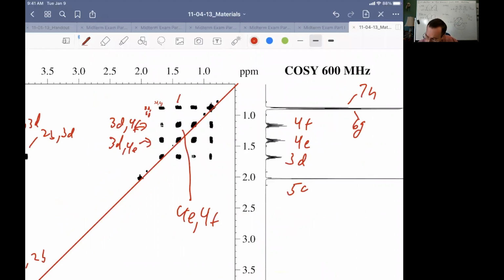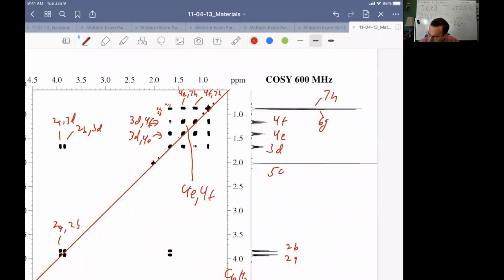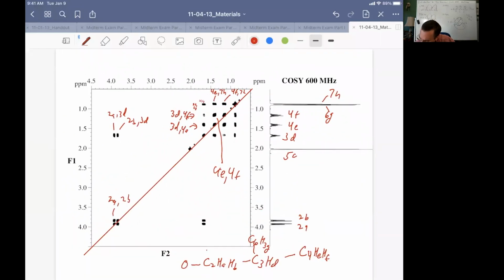And again, my grid could be very helpful here. And we've got 4F with 7H. And so we look over there, and that builds out our chain.